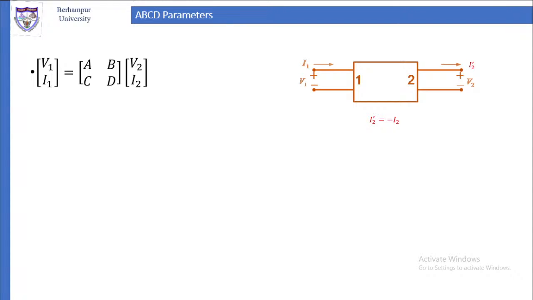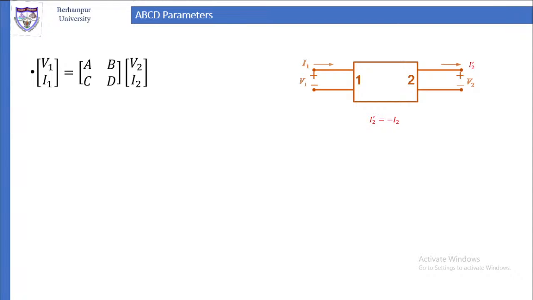Now if we relate these voltages and currents through some parameter which are called ABCD parameter, then the relationship is like this: [V1, I1] is equal to the ABCD matrix. It is a 2 by 2 matrix.